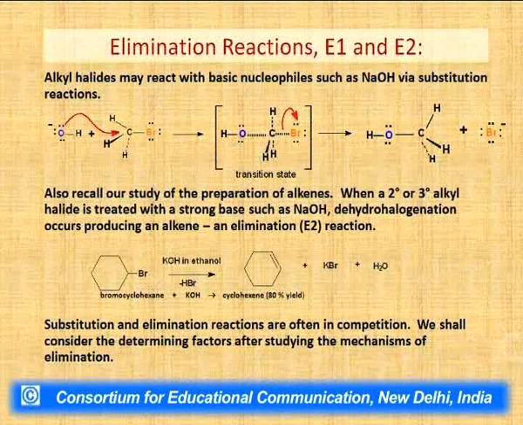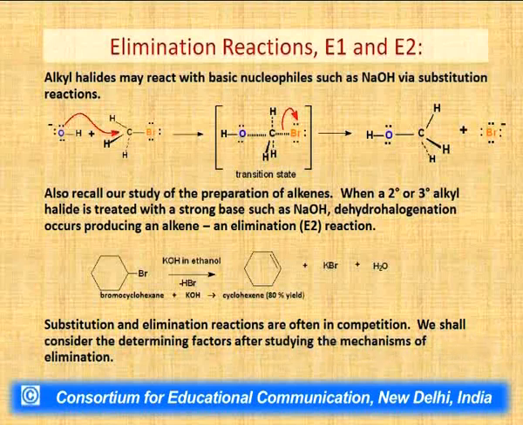Elimination reaction. Alkyl halides may react with basic nucleophiles such as NaOH, sodium hydroxide, via substitution reaction. Also recall our study of preparation of alkenes: when a 2 degree or 3 degree alkyl halide is treated with a strong base like NaOH, dehydrohalogenation occurs, producing an alkene in an elimination reaction.